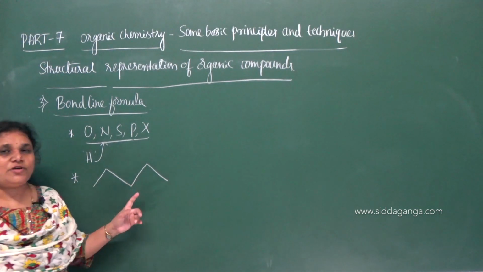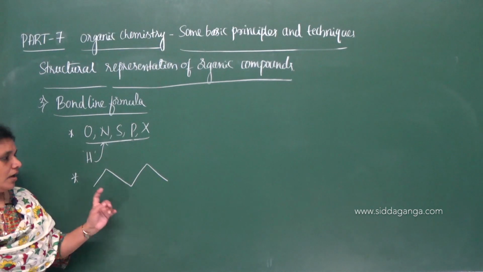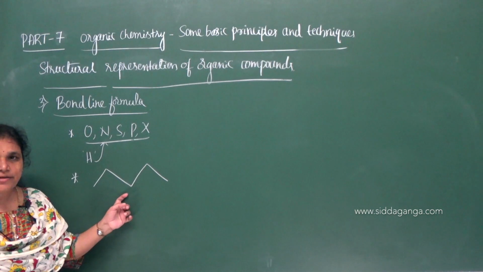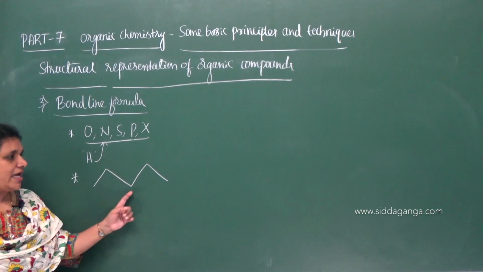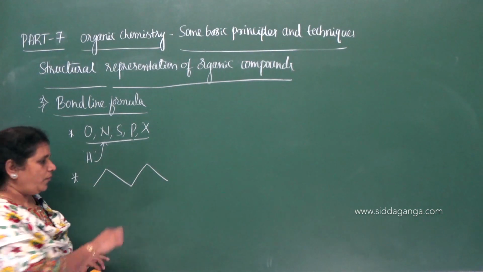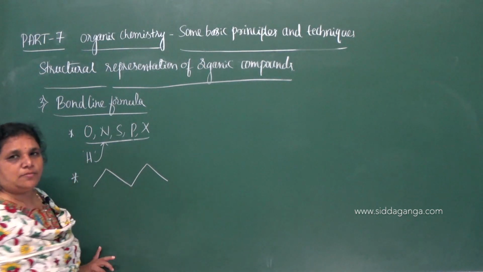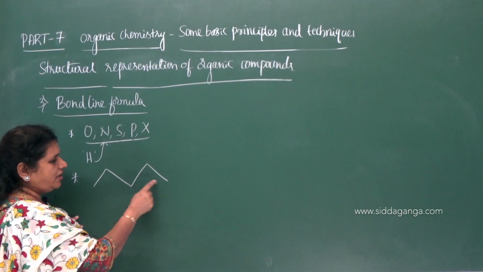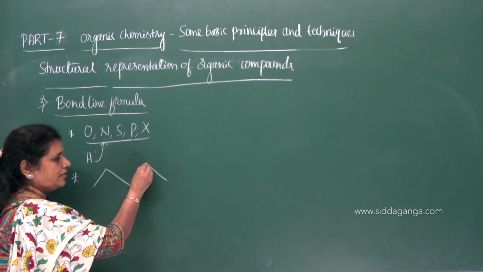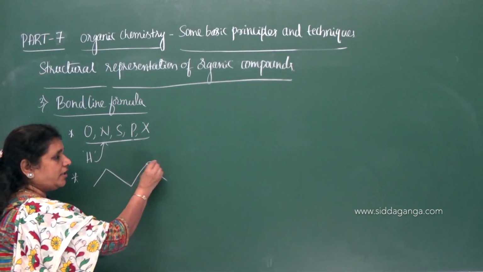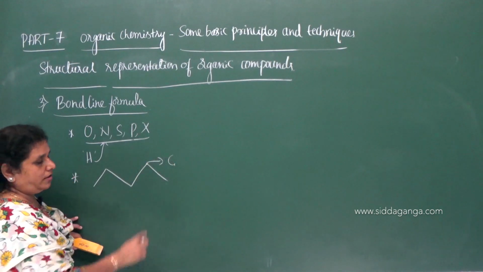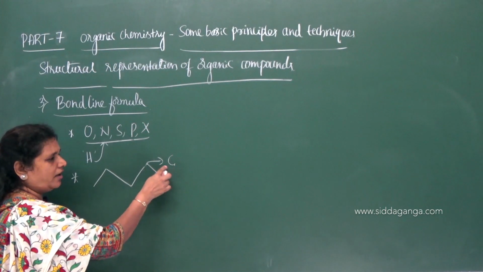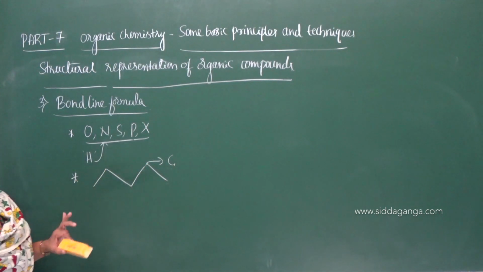The intersection of two lines indicates one carbon and an appropriate number of hydrogen atoms.